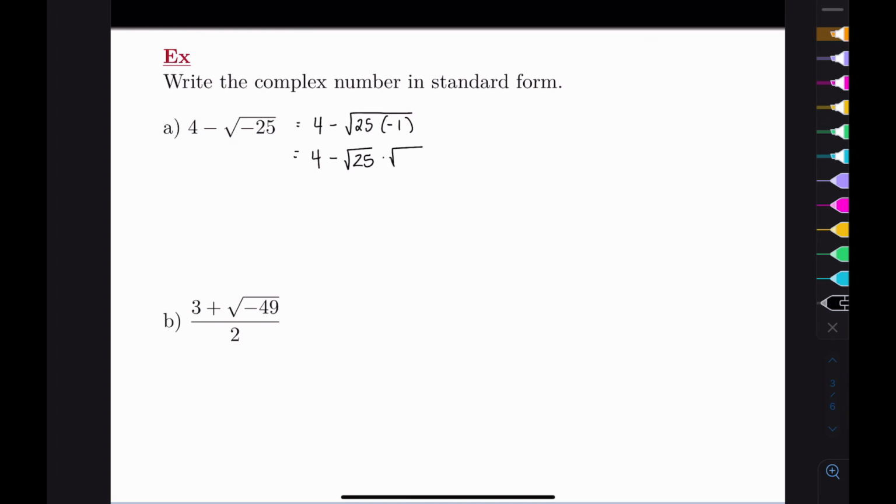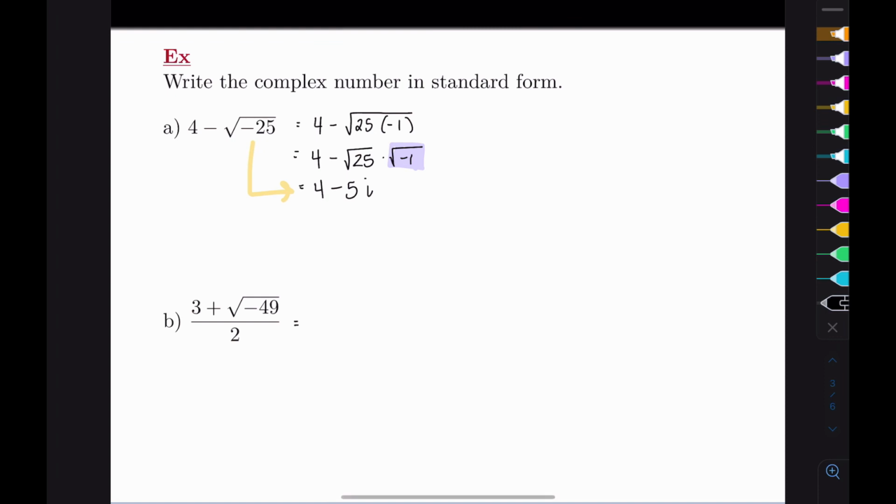So it'd be the square root of 25 times the square root of -1. Square root of 25 is 5, and the square root of -1 is exactly what our unit i is. So this simplifies into 4 minus 5i. Honestly, at this point, you can just jump right to this. Whenever you have that minus sign under the radical, pop it out as an i.